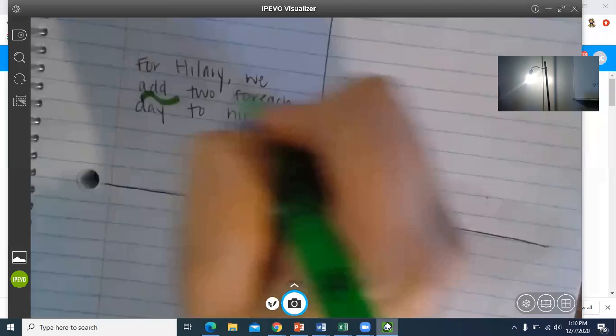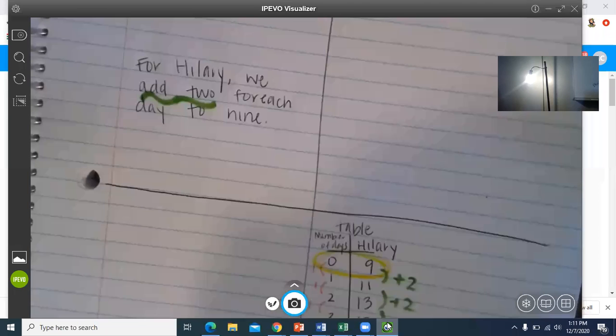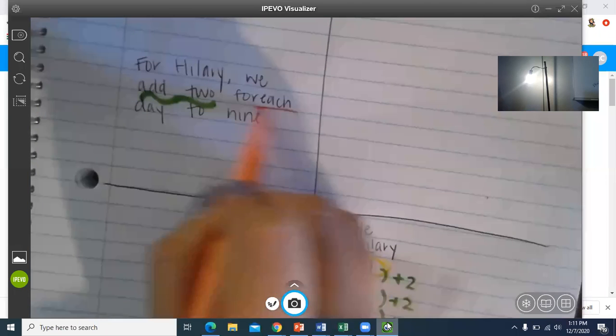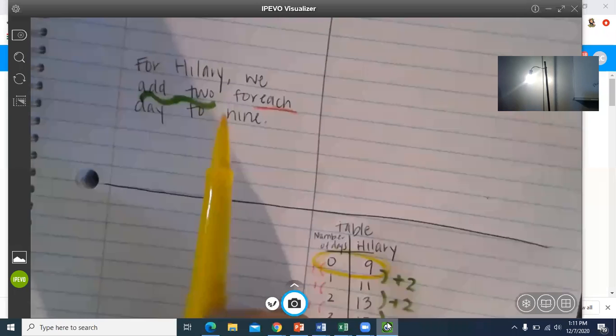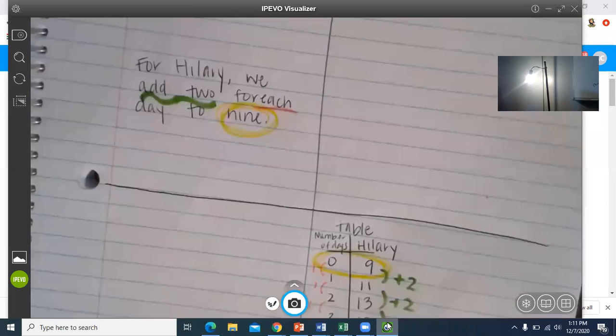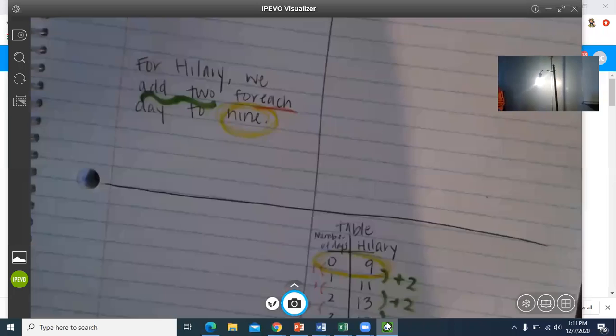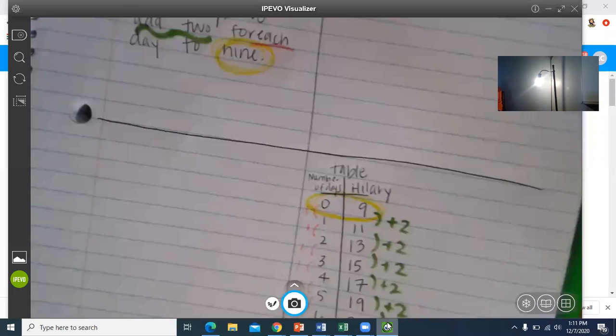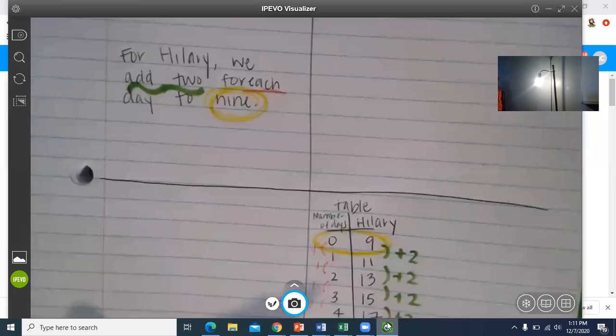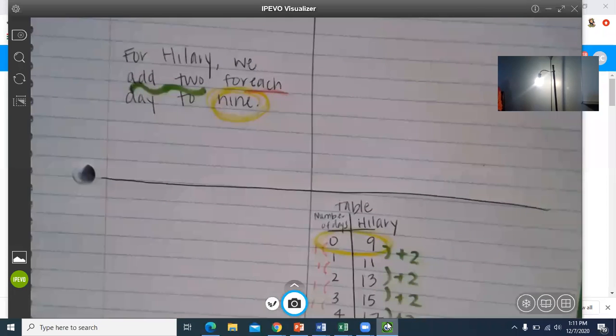We add 2 for each day, right? That's this side, and to 9, because 9 is how much we start with. Make sure you have everything in your journal.